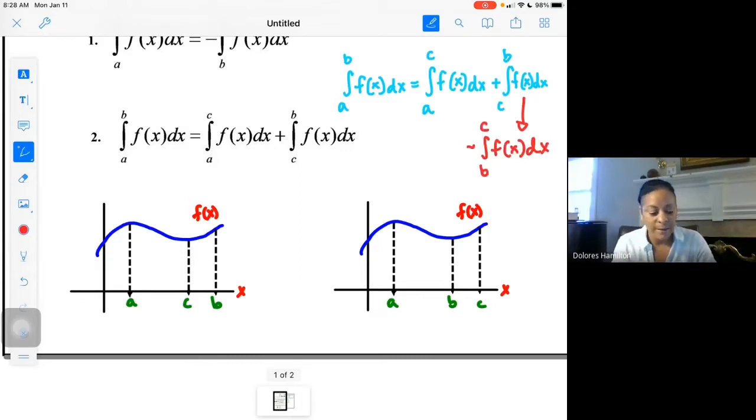Now it's telling us that that definite integral from a to b, which would be this blue shaded region, is equal to the integral from a to c, which is that entire region, minus the definite integral from b to c, minus the area of the shaded region from b to c, which clearly shows us that those two statements are in fact equal when we take away that area under the curve from b to c.